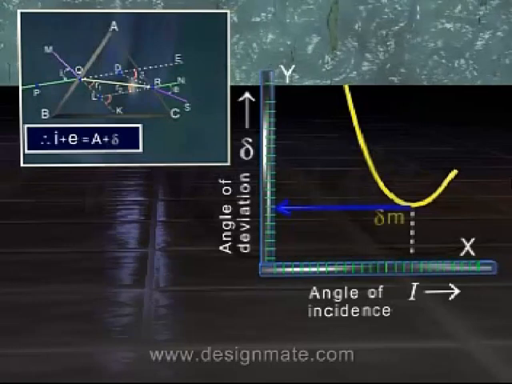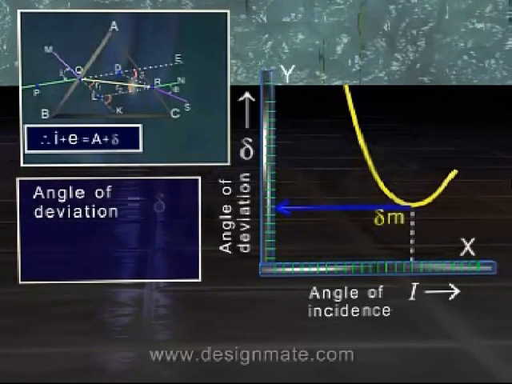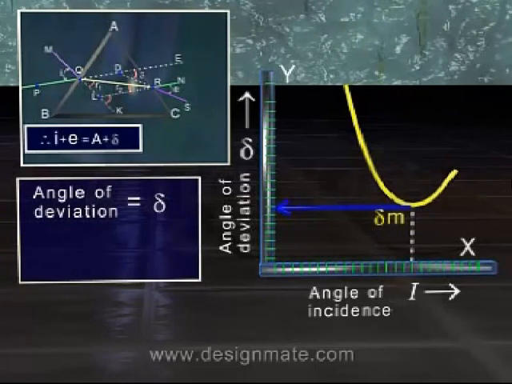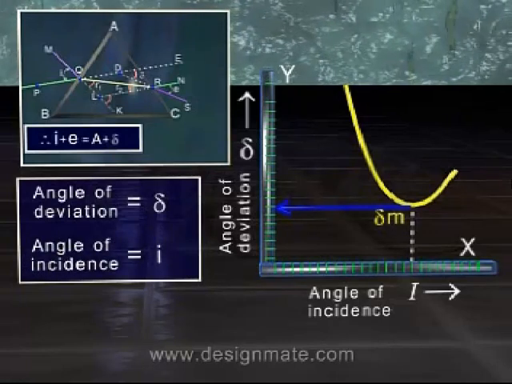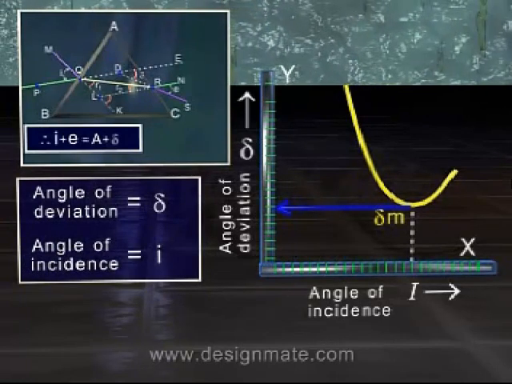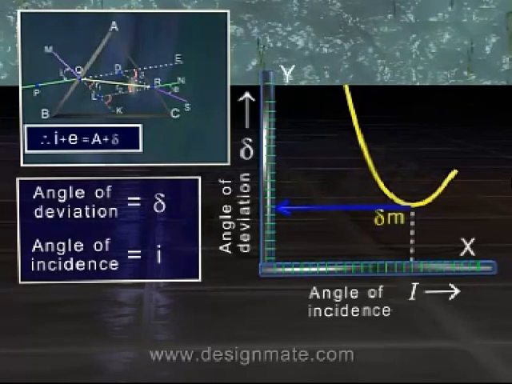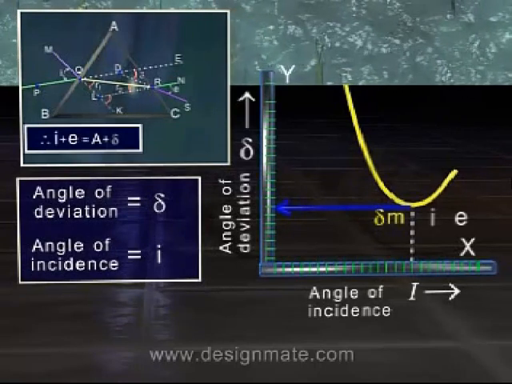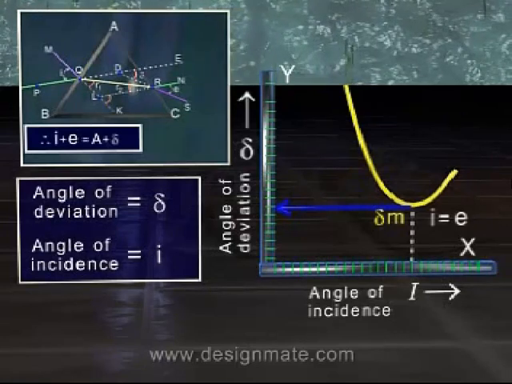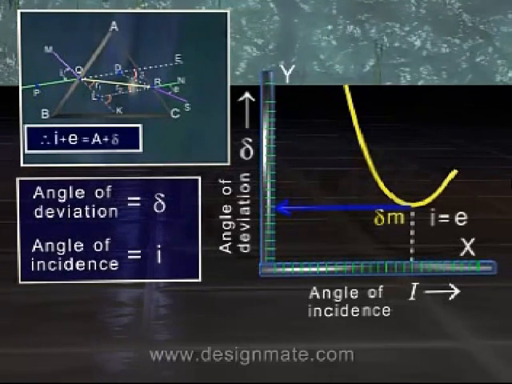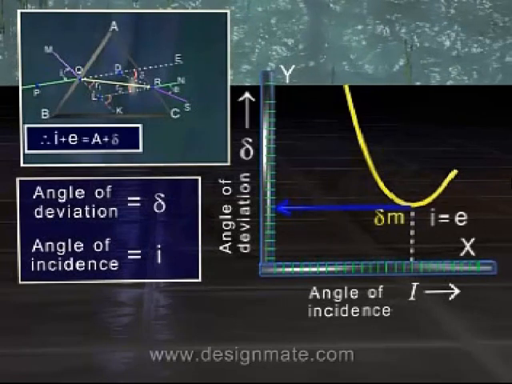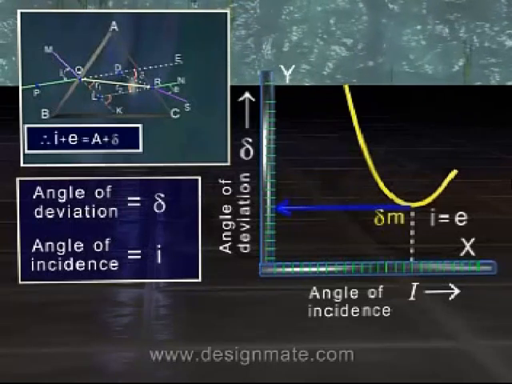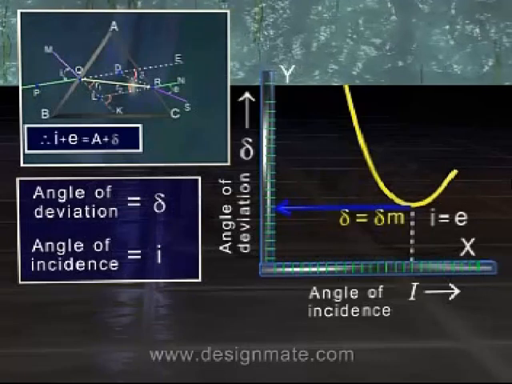From the graph, it is clear that the value of the angle of deviation, delta, becomes minimum for only one particular value of the angle of incidence I. It has been experimentally established that for any given prism, the ray for which the angle of incidence and angle of emergence are equal, the angle of deviation is minimum for that ray. The angle of minimum deviation is denoted by delta m. Thus, when I is equal to E, delta is equal to delta m.